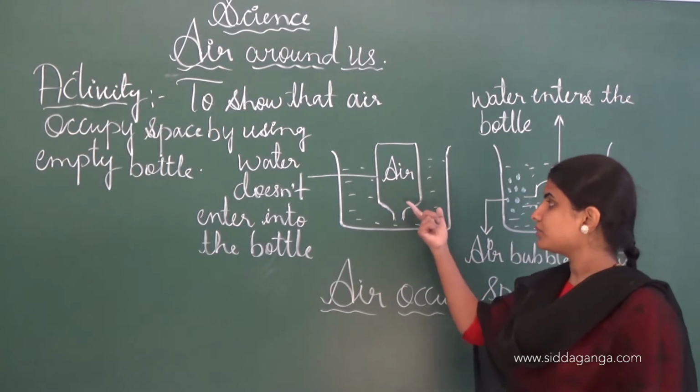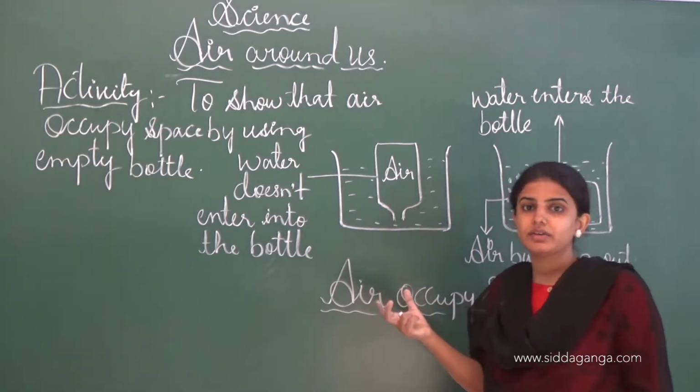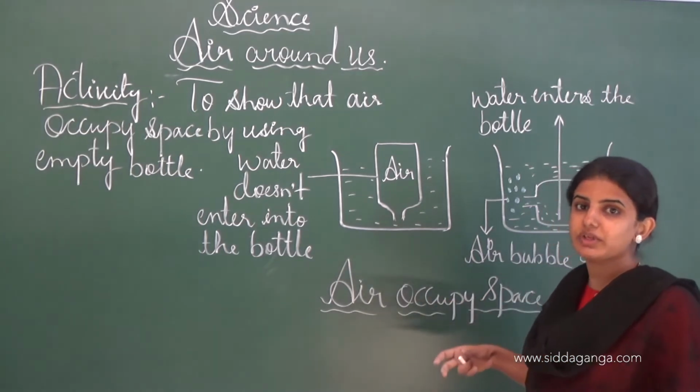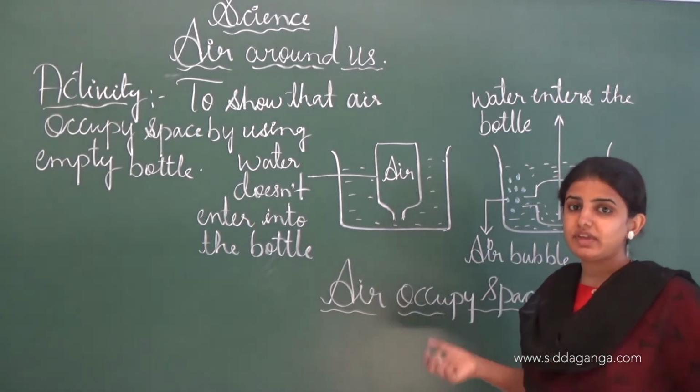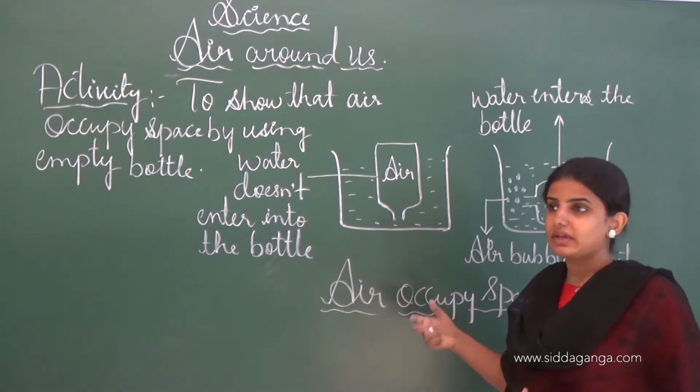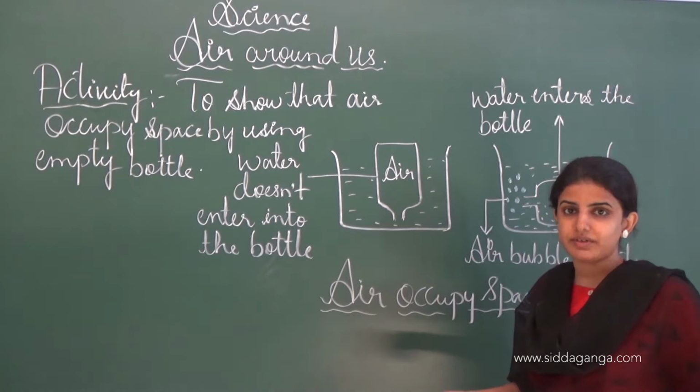Here also we take the empty bottle and invert its position. We keep the bottle in a container having water, and if we immerse it, it will not sink into the water.